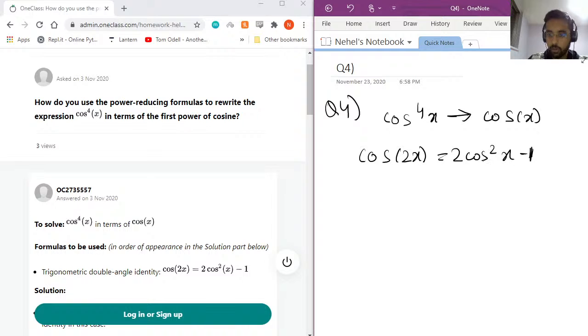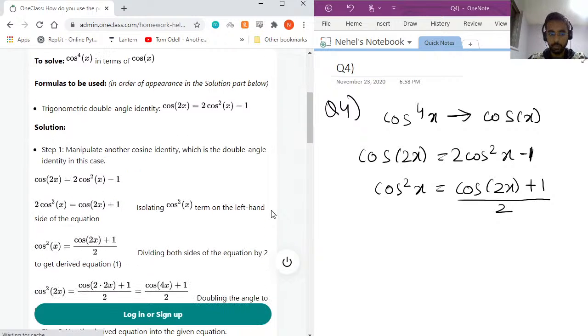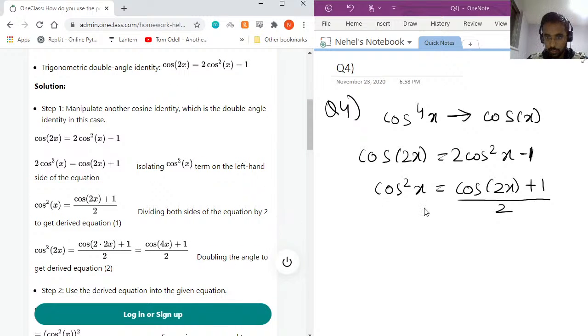So now if we simplify for cos square x, we would get cos square x is equal to, the negative 1 goes to the other side and the 2 gets divided. So we'll have cos 2x plus 1 divided by 2. From here, we need to know that if we square this, we would get cos 4x, and we would have to square this entire function.